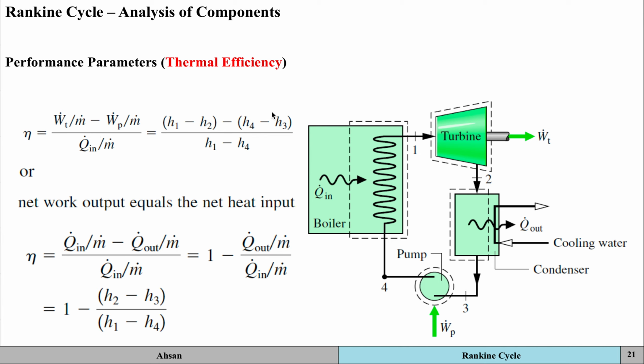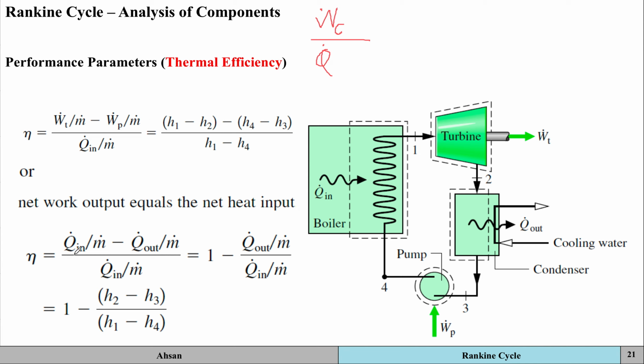Now, if you were to look at the efficiency for this cycle, the efficiency is going to be equal to what we saw before, work done across the cycle divided by Q in. Or you could write W dot by Q dot, and then from here, you just have to plug in the values of enthalpies, and that's how you can find out the thermal efficiency of the cycle.